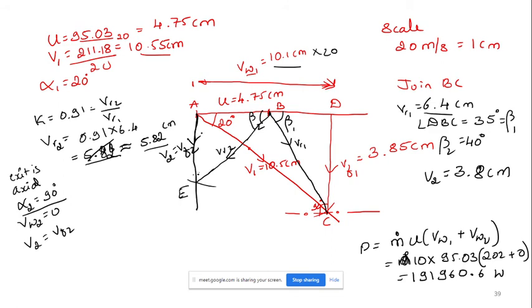Can I go further? Yes. So this becomes 191.96 kilowatt.